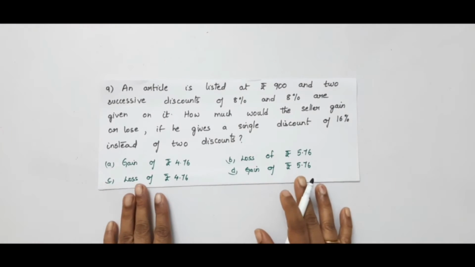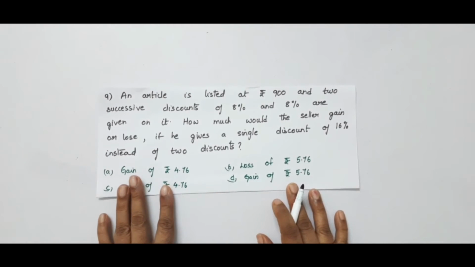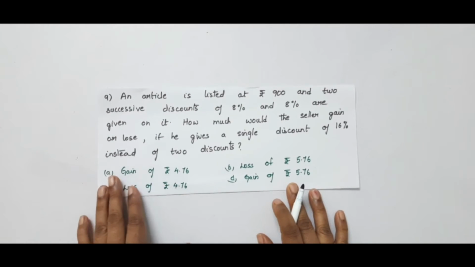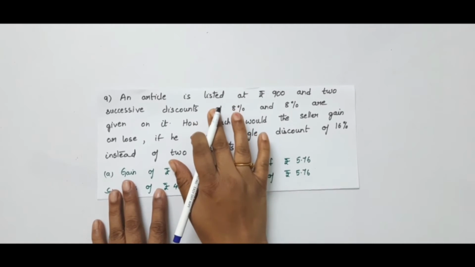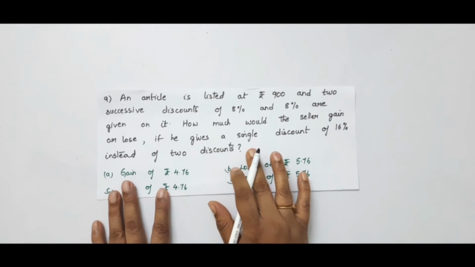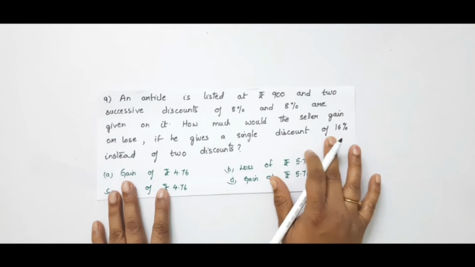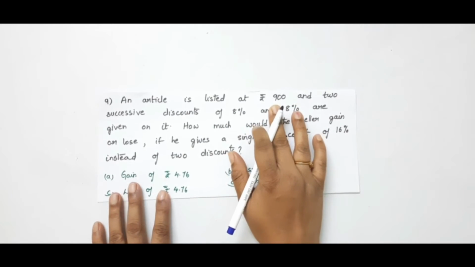So in this problem we have to find how much loss. We have to find the selling price of these two discounts and the selling price of this single discount using this market price.